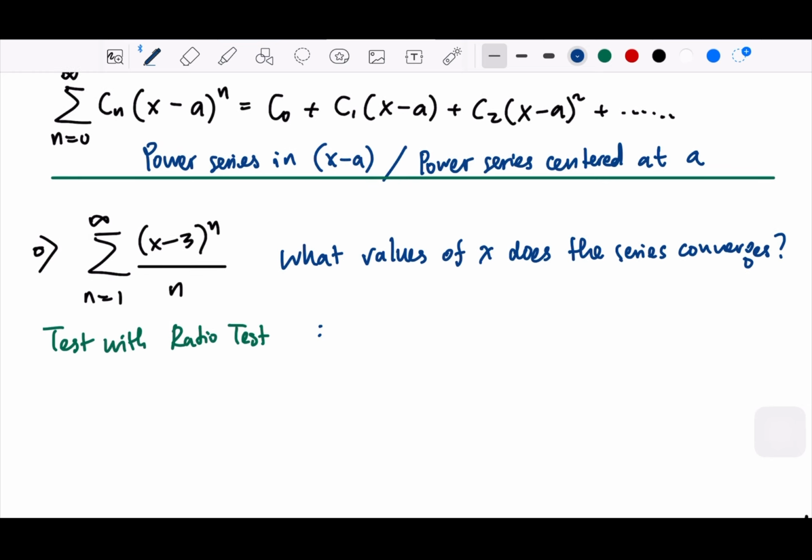So let's say an is the x minus 3 to the n over n, right? And the ratio test starts with an plus 1 over an. You may write the limit directly if you want. Limit n going to infinity.